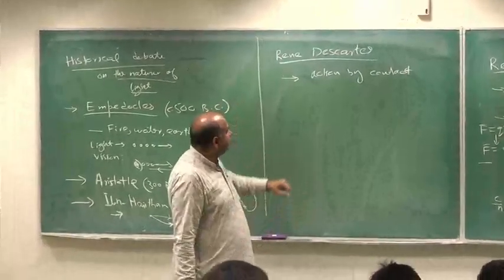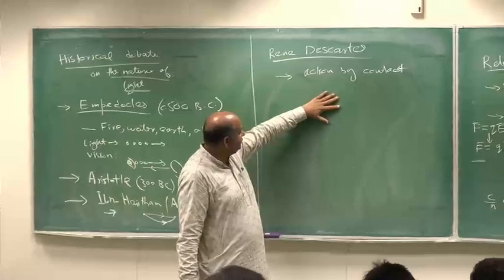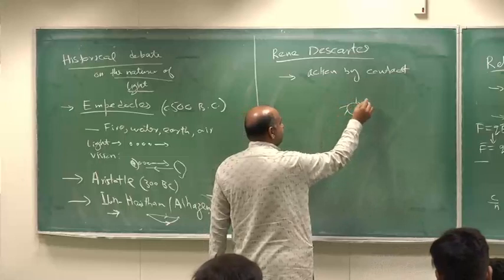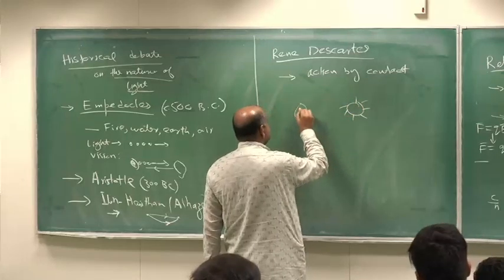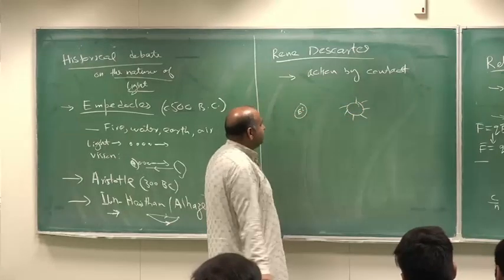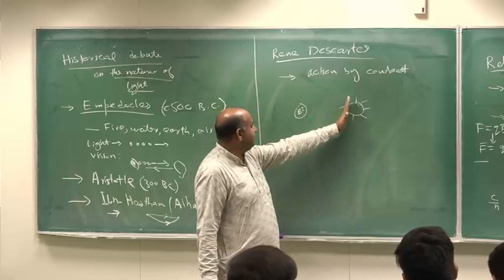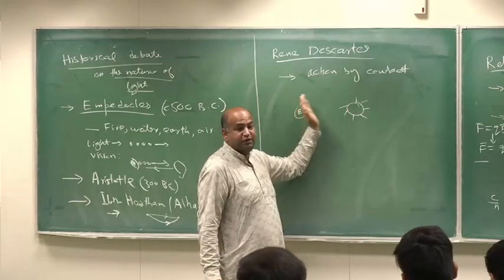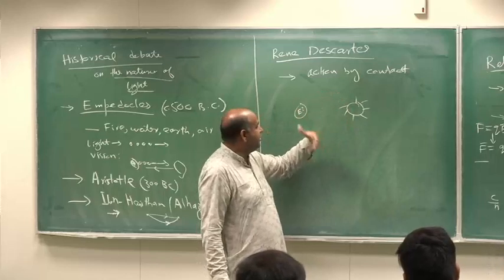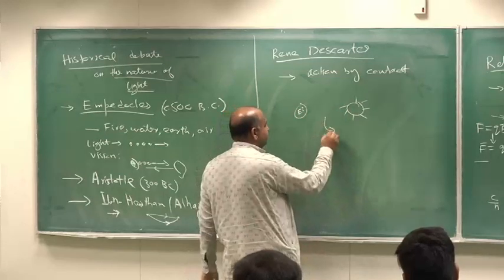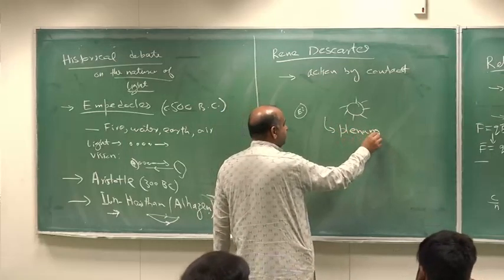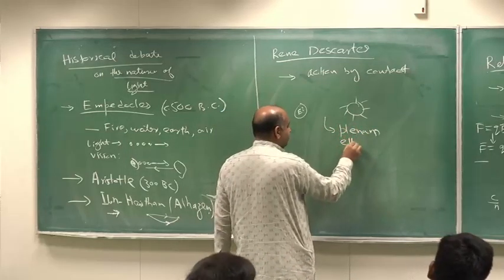So now to explain the light that, let's say, comes out of the Sun, how does it reach Earth? Since if there is nothing from here to here, the Sun cannot affect Earth. So he introduced the idea of a medium between these two, plenum or ether.